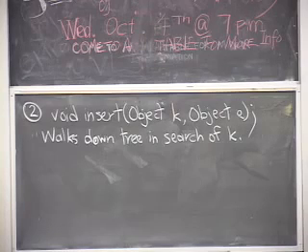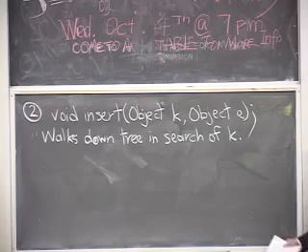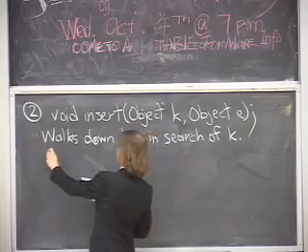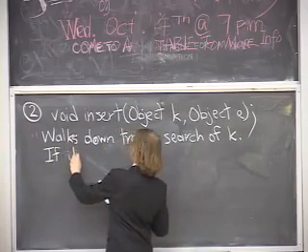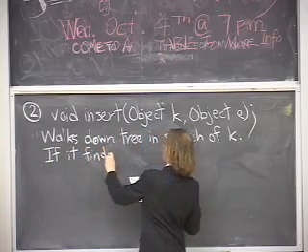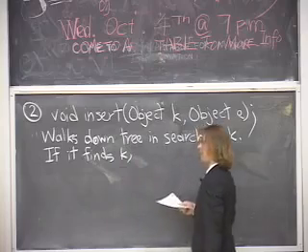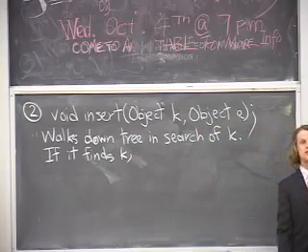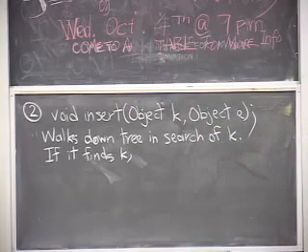But if we actually find the key, then it just keeps going because we're allowed to insert duplicate items into a 2, 3, 4 tree, just like in a binary search tree.